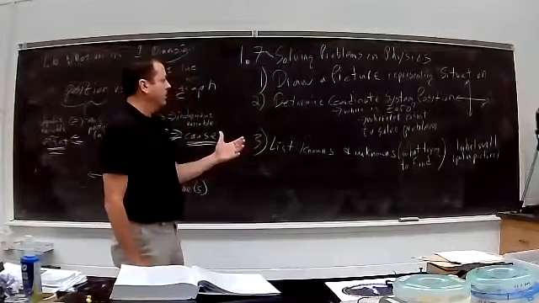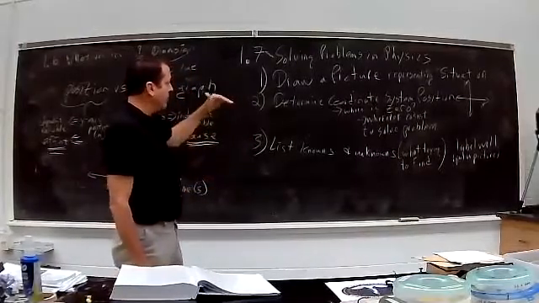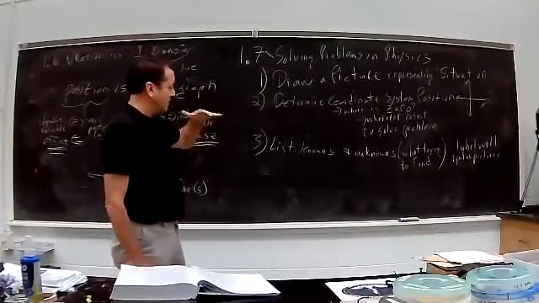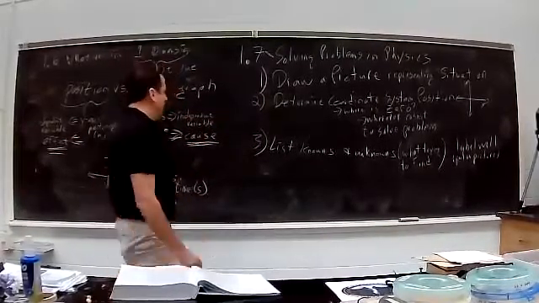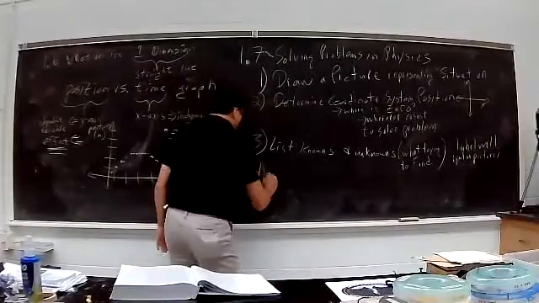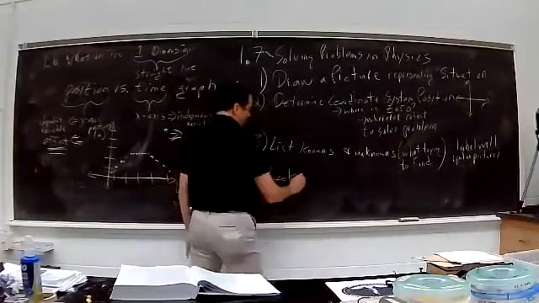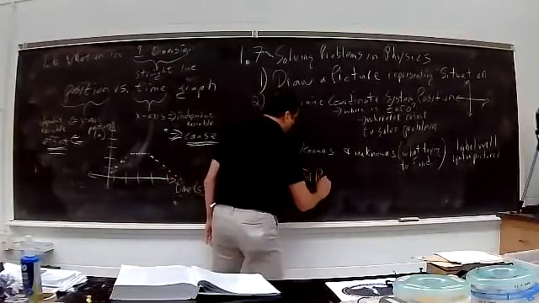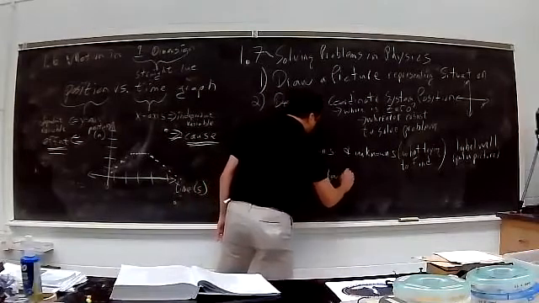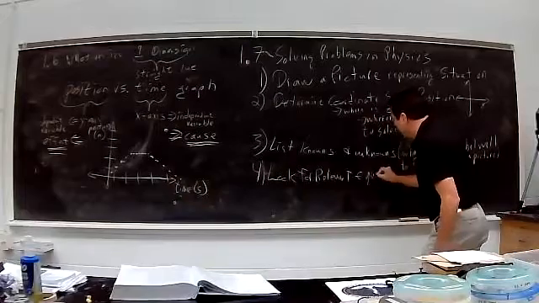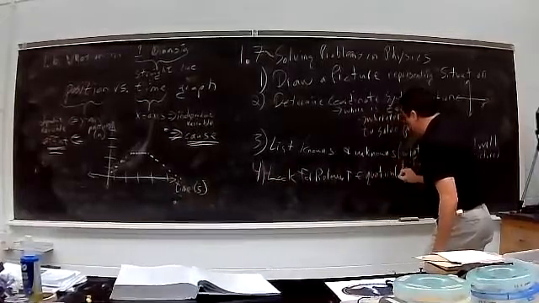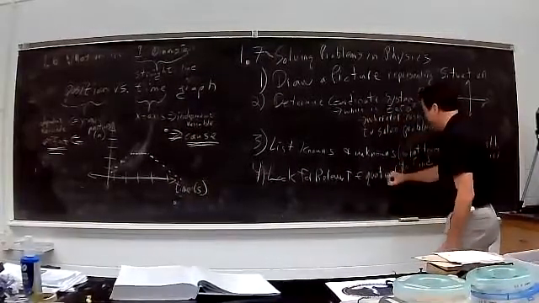Draw a picture, determine the coordinate system, find your 0, list your knowns and unknowns, and then now look for relevant equation or equations.